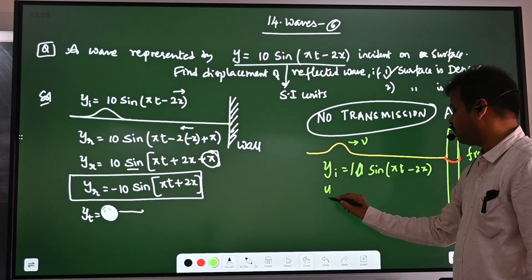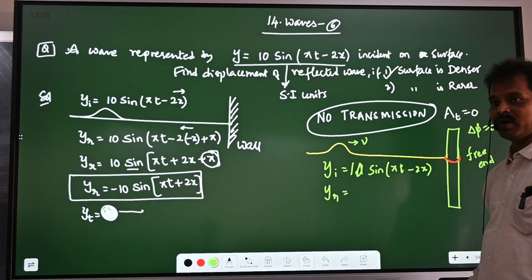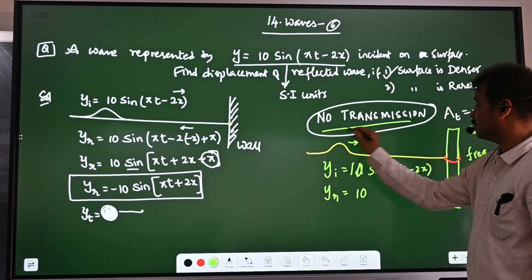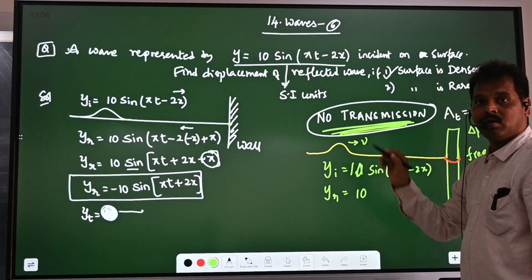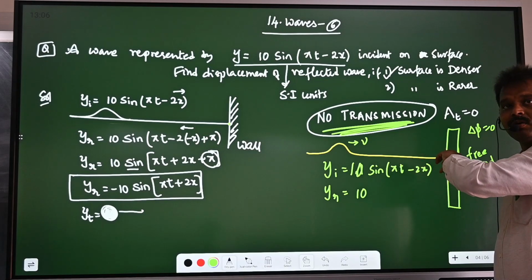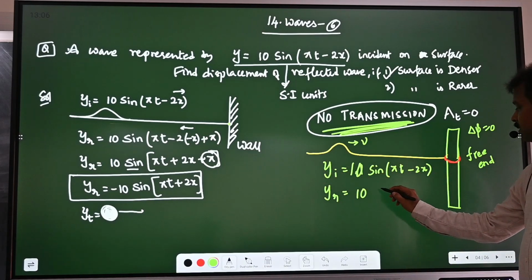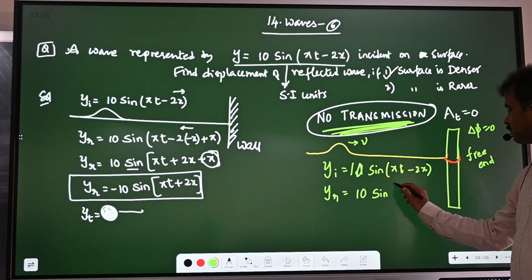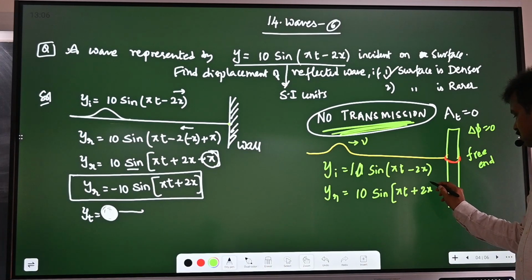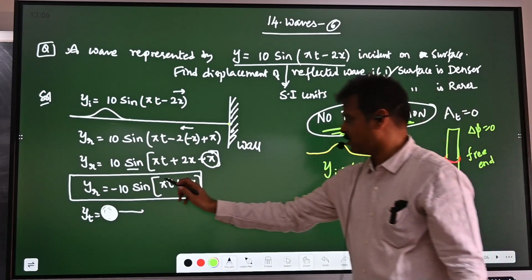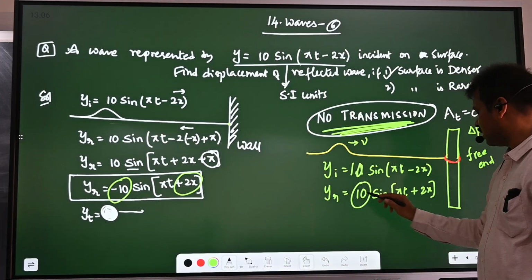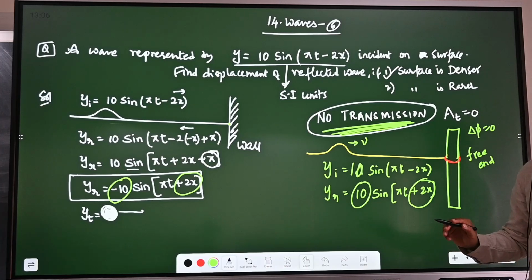So what is the reflected wave pulse for this one? The 10 remains as 10. For the entire problem there is no transmission. That's why if the incident amplitude is A, the reflected amplitude is also A: sine (pi t plus 2x). There it was minus 10 sine (pi t plus 2x); here it is plus 10 sine (pi t plus 2x).